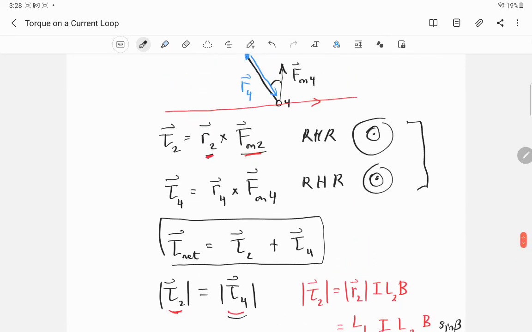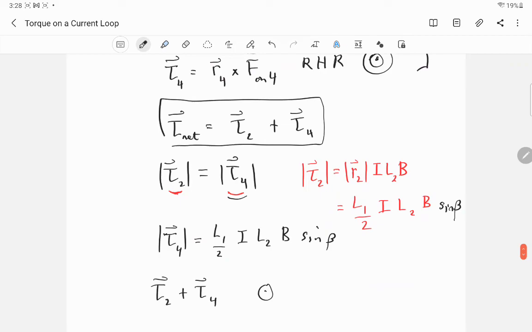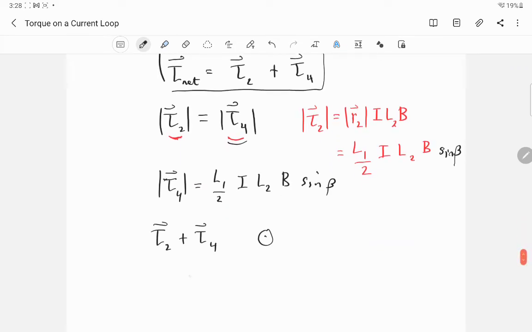That's because of the right-hand rule. But notice that when you add these two expressions together, that division by 2 goes away, and the net torque has a magnitude equal to, right, it's the magnitude of the vector sum, which is equal to L1 times L2 times B times I times the sine of the angle beta.